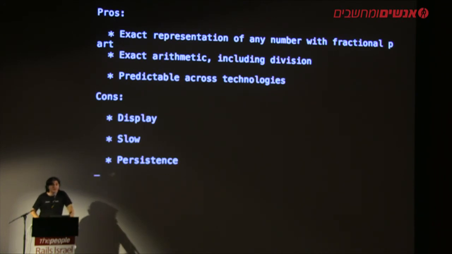And then persistence. How do you store a fraction in a database? You could store a numerator and a denominator, both integers, in different columns, but then you lose SQL. You cannot order, you cannot add those numbers easily. So by luck, there was a binding to the GNU multi-precision library as an extension for Postgres.